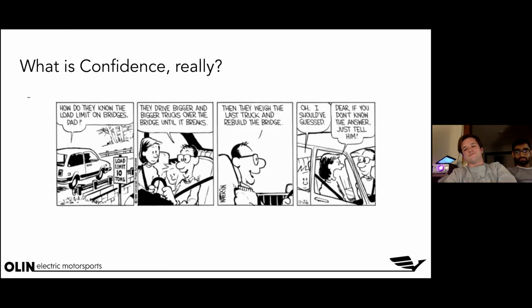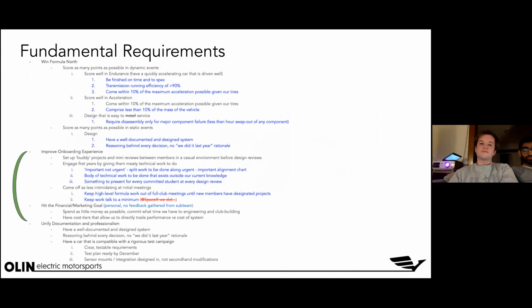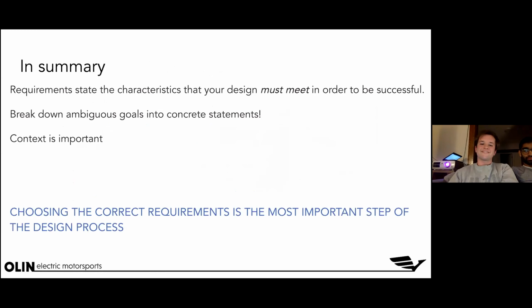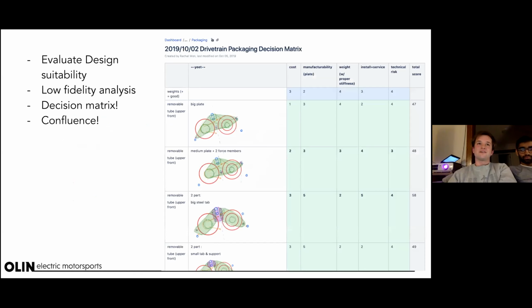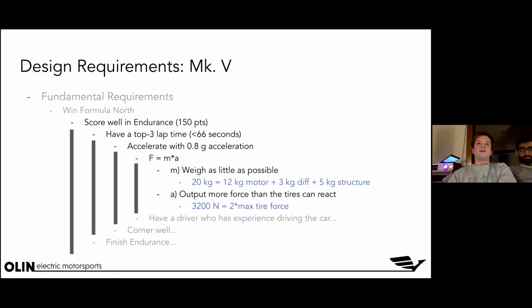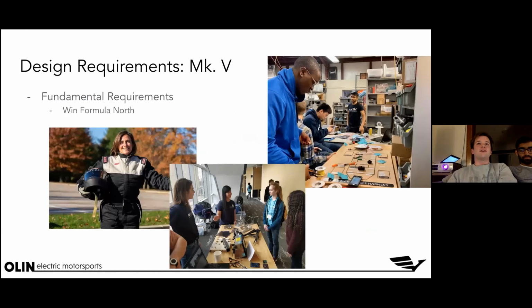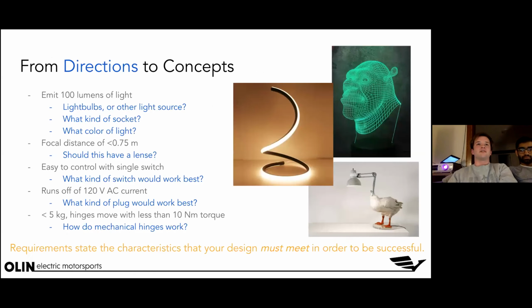Do you think that if you design for all of your requirements, you will be successful? Is that an absolute? It depends on how well you've set your requirements, I think, is the answer to that. Your requirements state the characteristics that your design must meet in order to be successful.